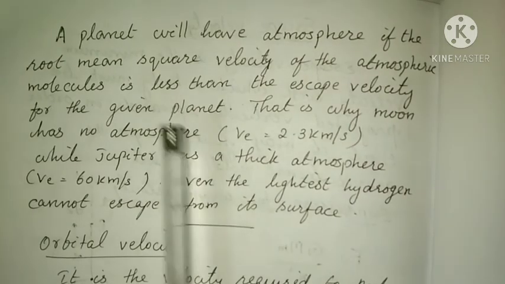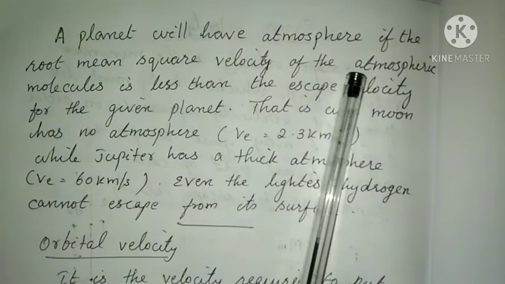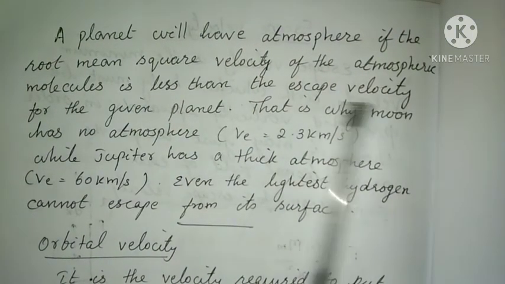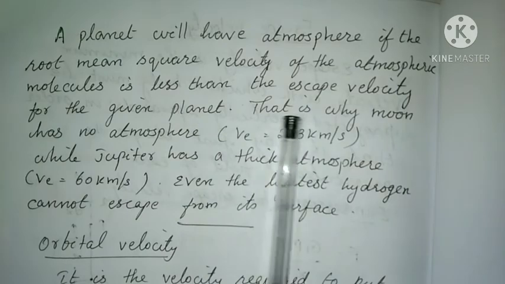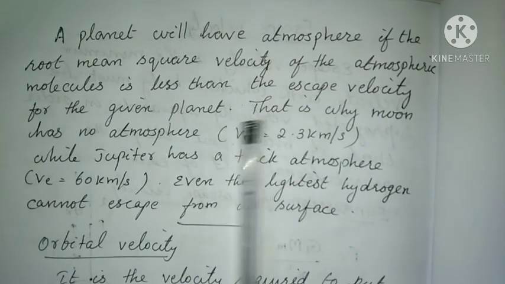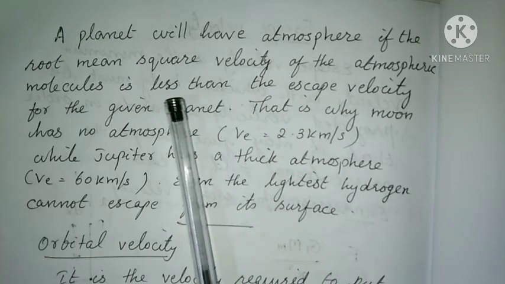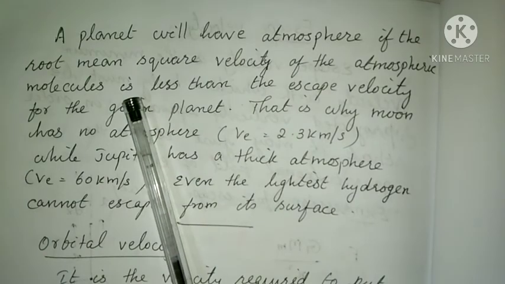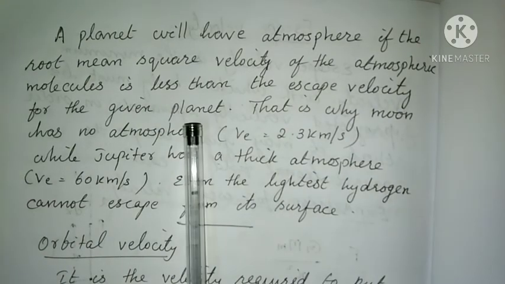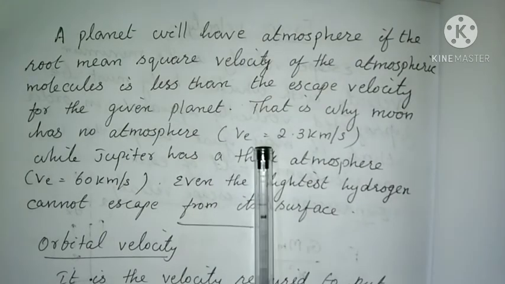Because of this reason, a planet will have an atmosphere if the root mean square velocity of the atmospheric molecules is less than the escape velocity of the given planet, which means the velocity of the molecules must be less than the escape velocity of that planet, then the planet will have the atmosphere.